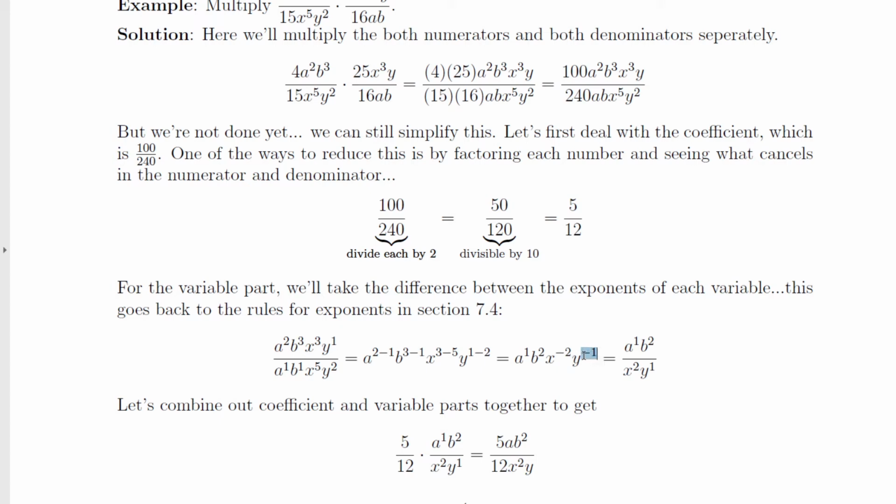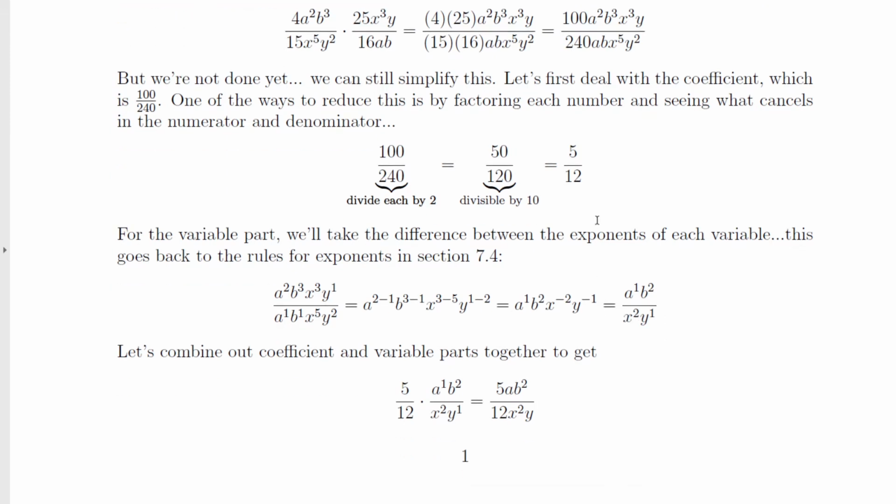Now remember, when we've got negative exponents, what does that mean? That means that we can bring that down into the denominator and change the sign. So this becomes a to the first, b to the second, because the exponents are positive in these pieces. And for this part here, because they have negative exponents, I can flip the sign and bring them into the denominator, and now I have positive exponents.